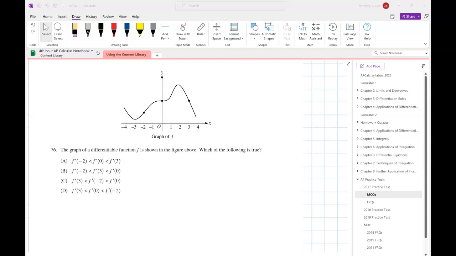So DB were the first two. 78, cat. 79, boy. 80, ace. 81, dog. 82, dog. 83, cat. 84, dog. 85, boy. 86, cat. 87, boy. 88, cat. 89, ace. 90, cat.